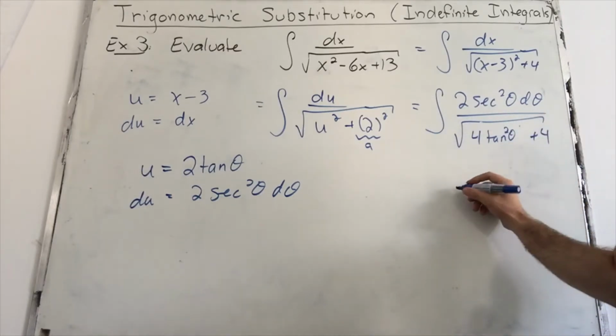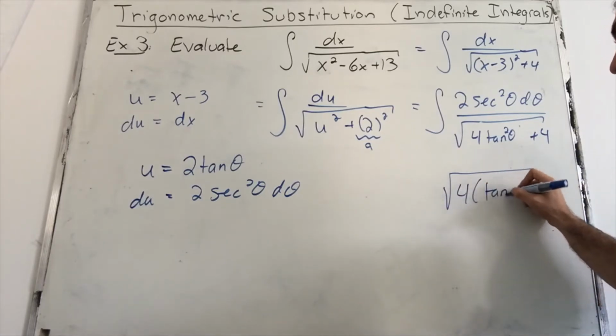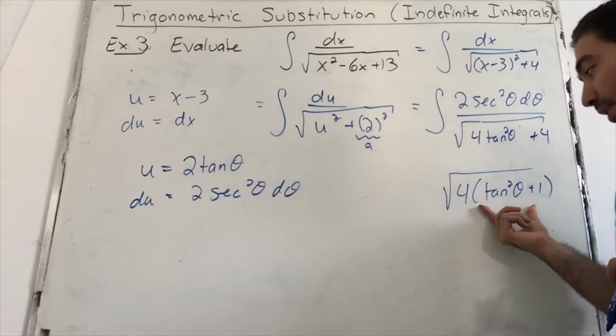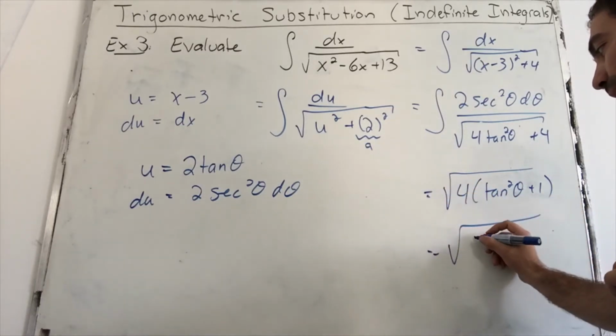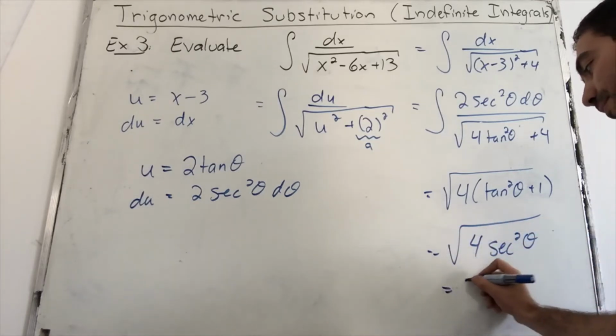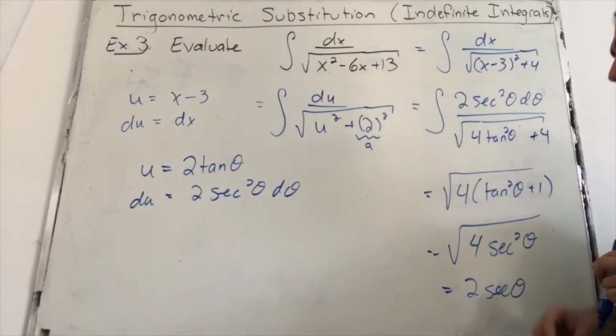Here we can factor out a 4. Tan squared theta plus 1 is secant squared theta, so we have 4 secant squared theta, which under the root is simply 2 secant theta.